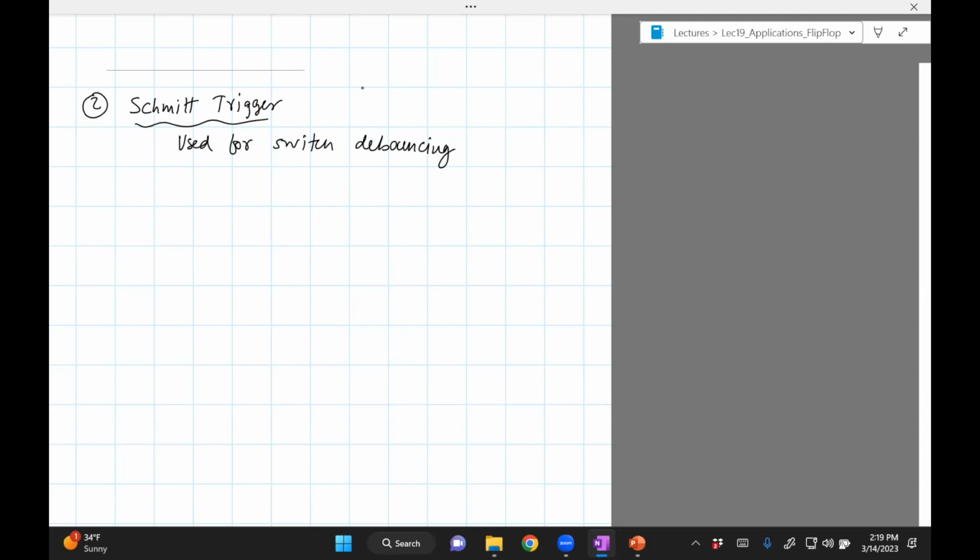Okay, so let me motivate this with an example of why you would need a Schmitt trigger. Consider that you have a 5-volt supply which is supplying current to this resistor.